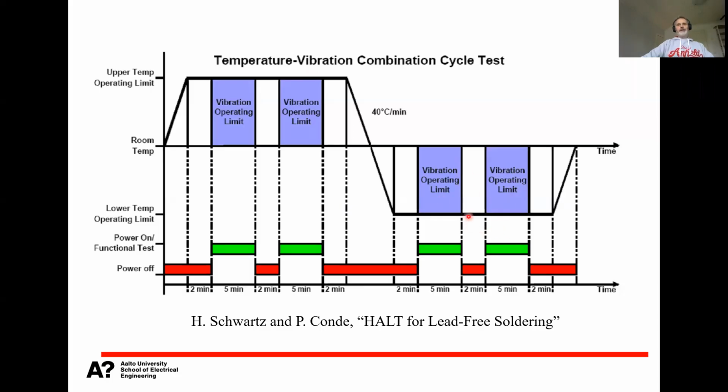The problem with this kind of approach is that quite often the failures are visible only here. When the temperature is changing, you get thermal gradients, meaning that certain parts of your product are cooler and certain parts are warmer, which increases the stresses locally, together with the combined effect of the vibration loading.